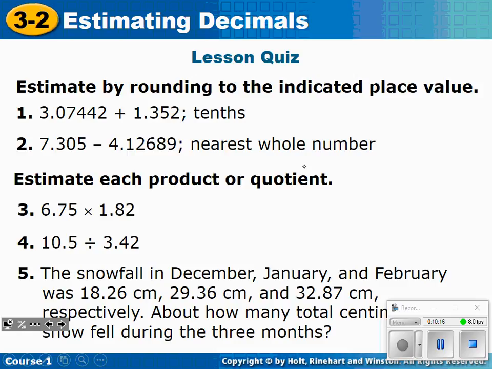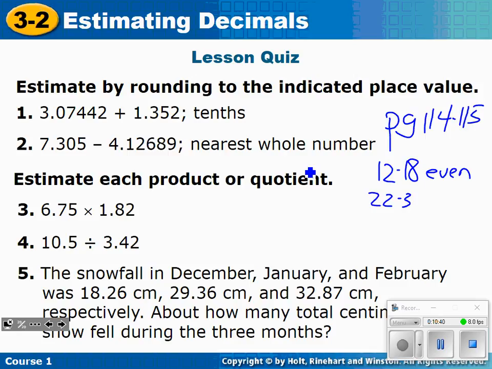Your homework: pages 114 to 115. 12 to 18 even. 22 to 30 even. And then 36 to 41 all.